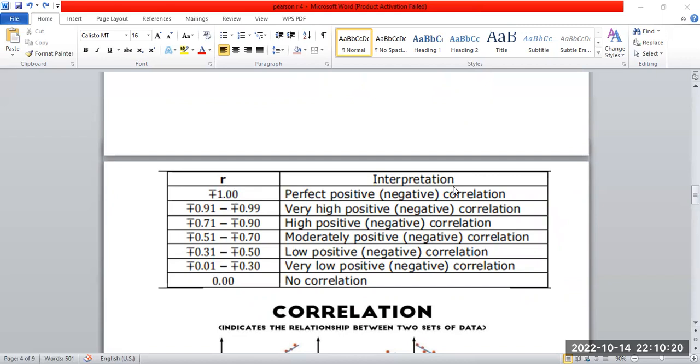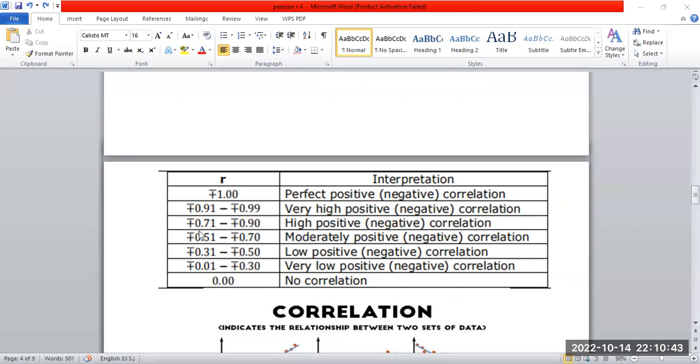If it's -1, that's a perfect negative correlation. And then for the next interval, we have positive and negative 0.91 to 0.99. If it's positive, it's a very high positive correlation. If it's negative, that's a very high negative correlation.